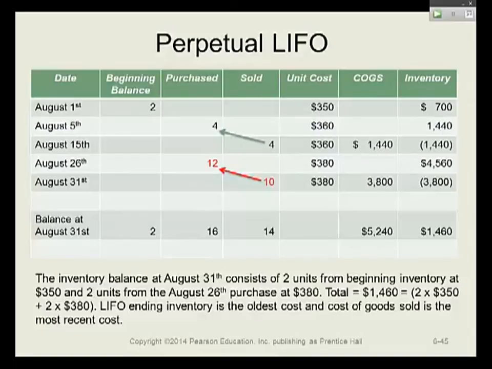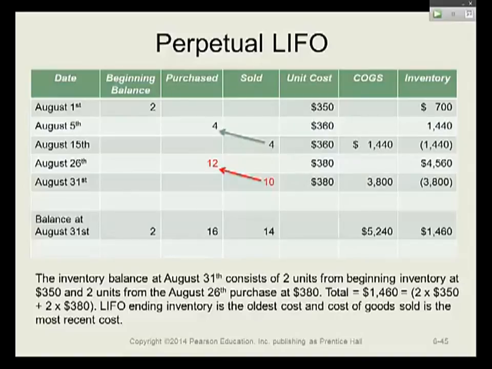Now, when we compare this, and this is the key, we're going to do a formal scoreboard in a second. If you now compare them, 5240 of cost of goods sold against 5180, you got lower profit under LIFO.